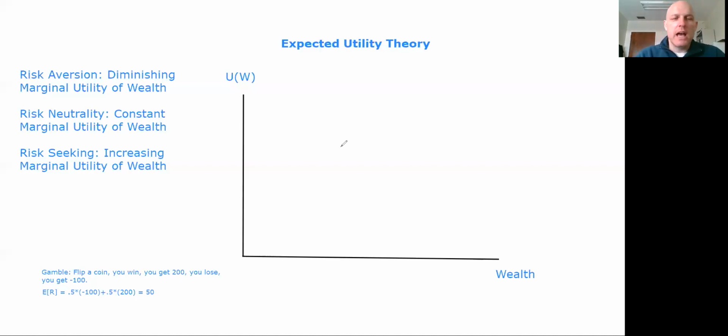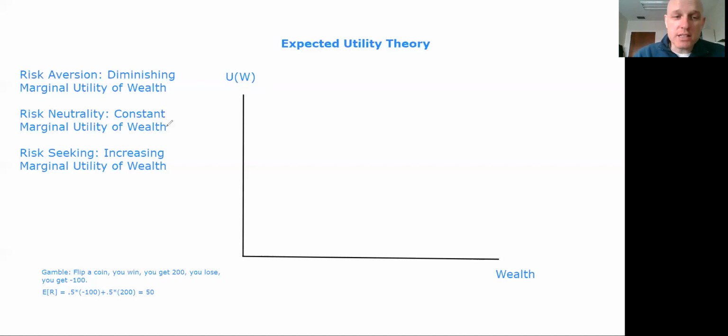For instance, an individual that has diminishing marginal utility, that is, the first derivative of the utility function is positive and the second derivative of that utility function is negative with respect to wealth, will be said to exhibit risk aversion.